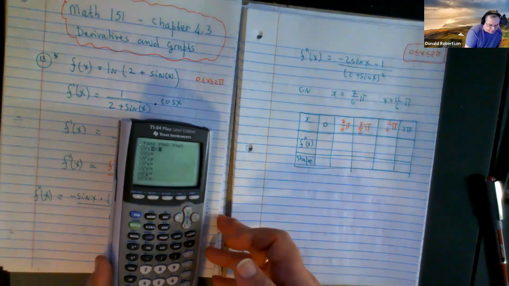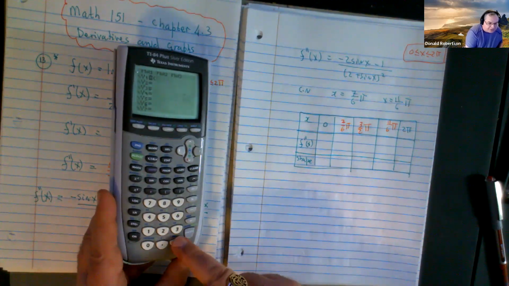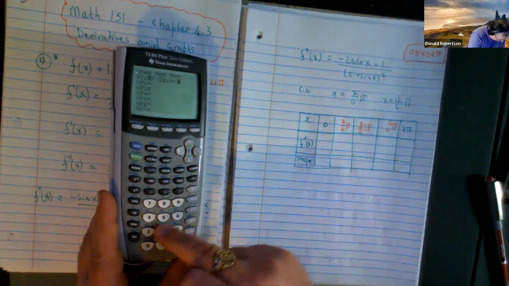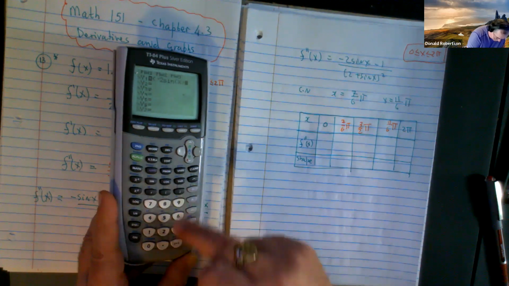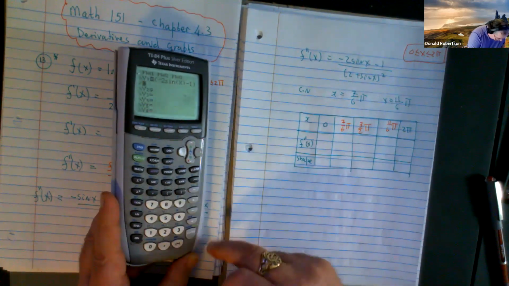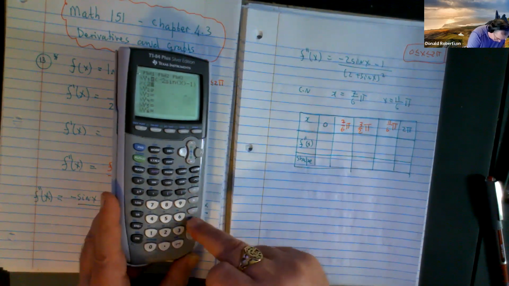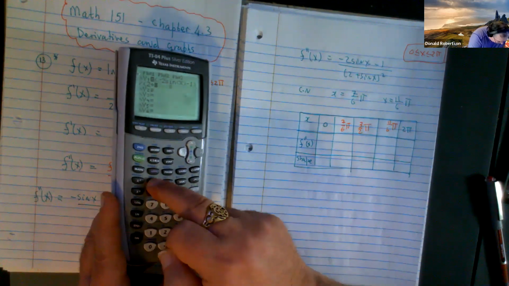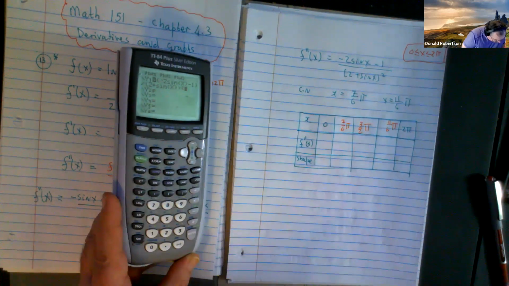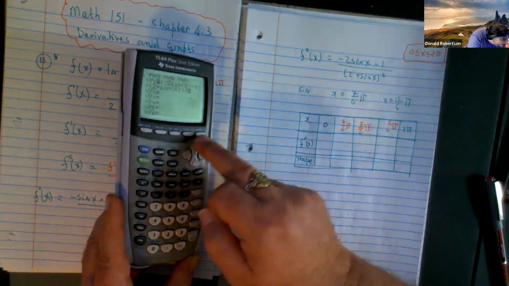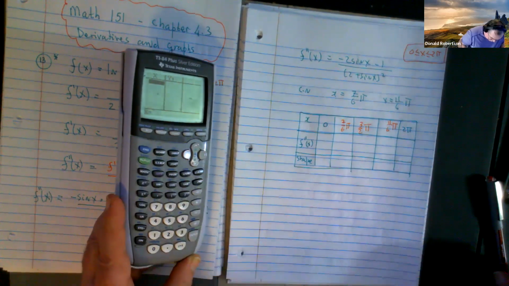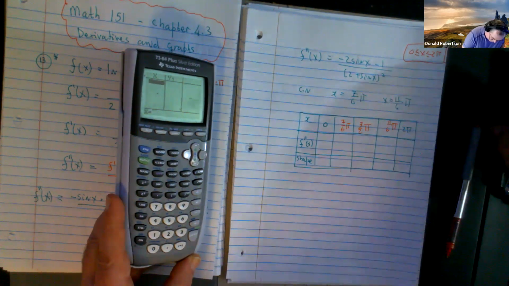The negative button, negative 2 sine x, take away 1, close the brackets. Then divide, start a new bracket, 2 plus sine of x, and square it. That looks good. And then I can go straight to table setup, delete all the answers from my previous question, and we should be good to go.